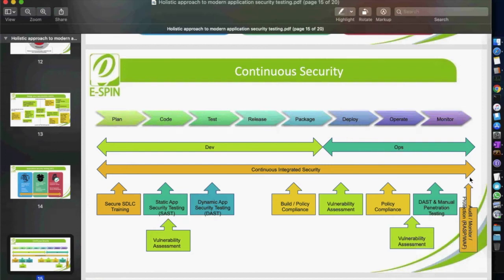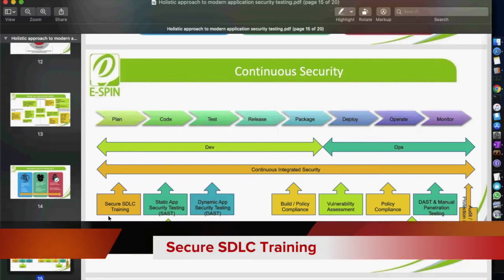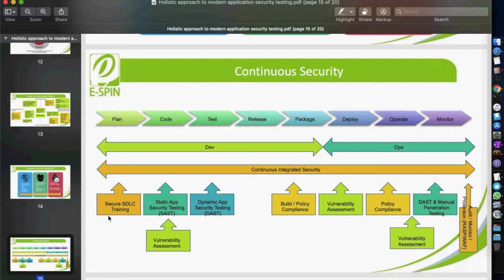But when we say this will eventually be continuous integrated security, what we're calling for at a very early stage is mostly dealing with secure software development life cycle training, to make sure the developer is equipped with the right framework to know how to perform secure coding. Then before the coding, we have SAST kicking in to perform the vulnerability assessment.